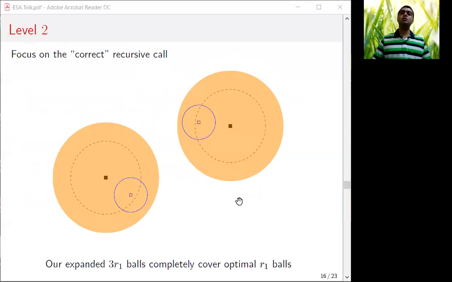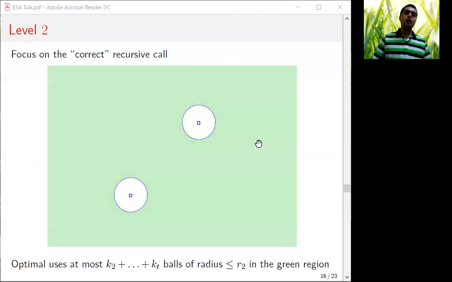So let's see what happens at level 2. Let's focus on the correct guess, where our 3R1 balls completely cover the R1 balls. Let's focus on these optimal balls and look at this green region. The green region is the points that are not covered by the optimal at level 1, which means these points have to be covered using balls of radius R2 or smaller by the optimal solution.